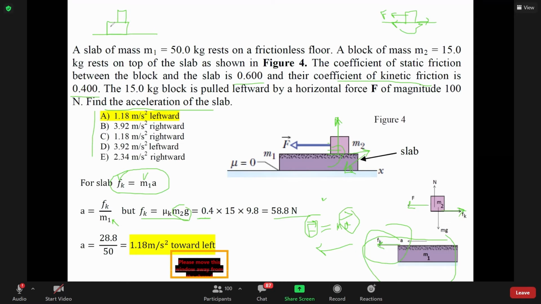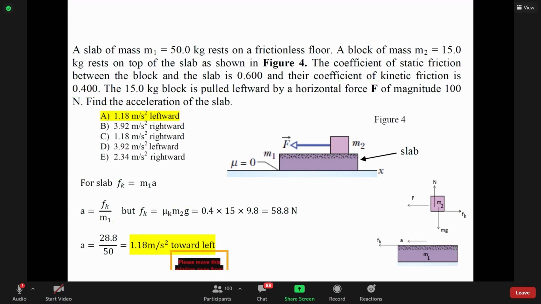If I move this object to the left, the force of friction on this block at the bottom is to the right, and the force of friction on the floor is here. If I now push with a force on that upper block, the force of friction on the upper block is to the left, but the force of friction on the lower block is to the right. Oh, okay. Thank you. We need to cover it from all aspects.